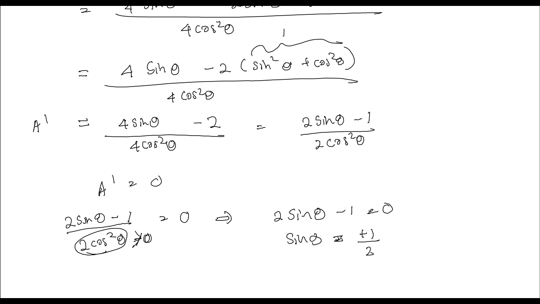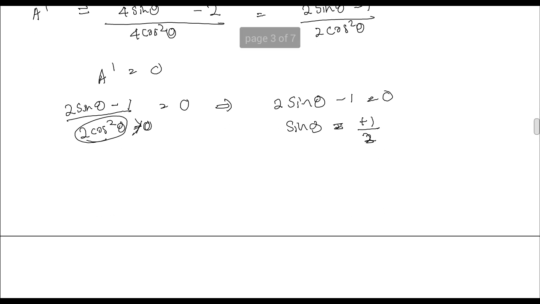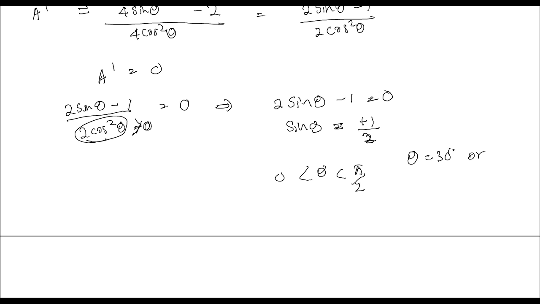So sin theta is half. If sin theta is half and theta is in between 0 to pi by 2, the only value theta can get would be 30 degrees, which is normally written as pi by 6 in terms of radians.